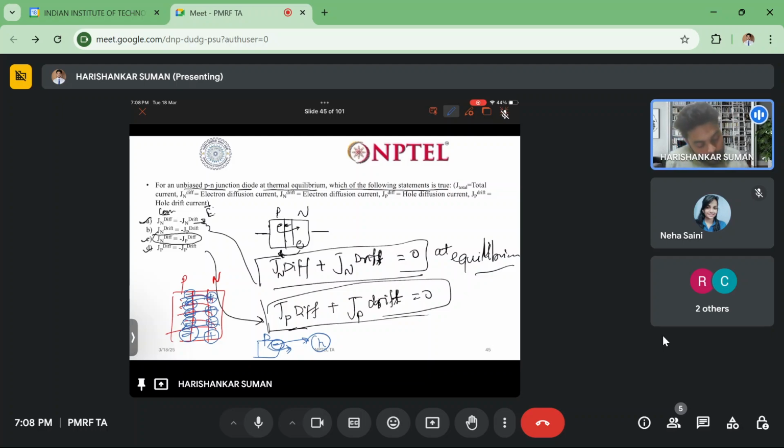This electric field gives the drift current, which balances the diffusion current, and that is called equilibrium. So according to these options, A, C and D are the correct answers.